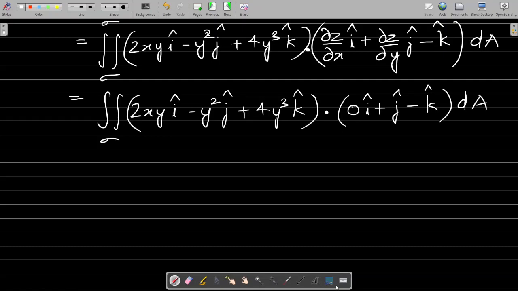This is equal to double integral over sigma, so you rewrite it like that.